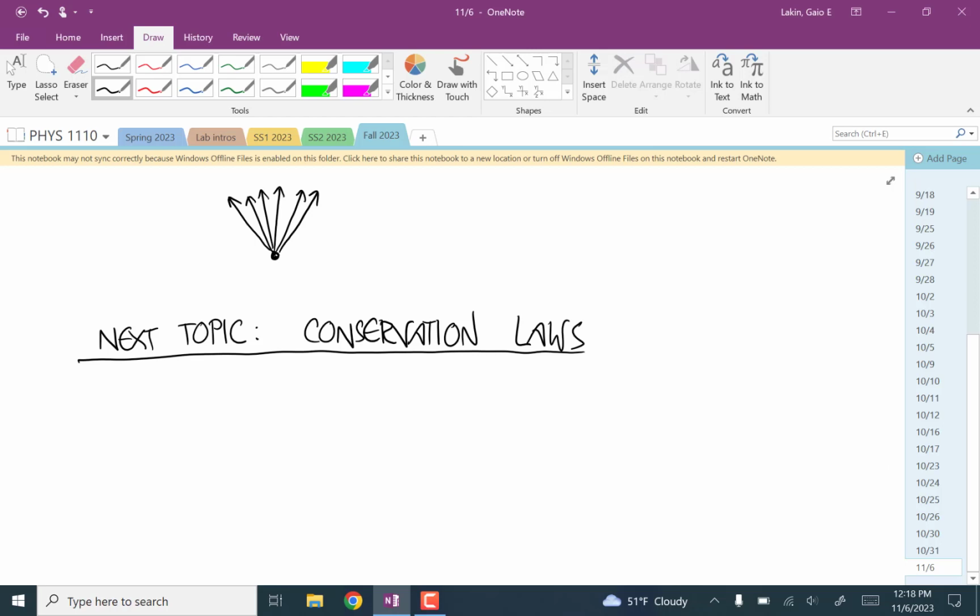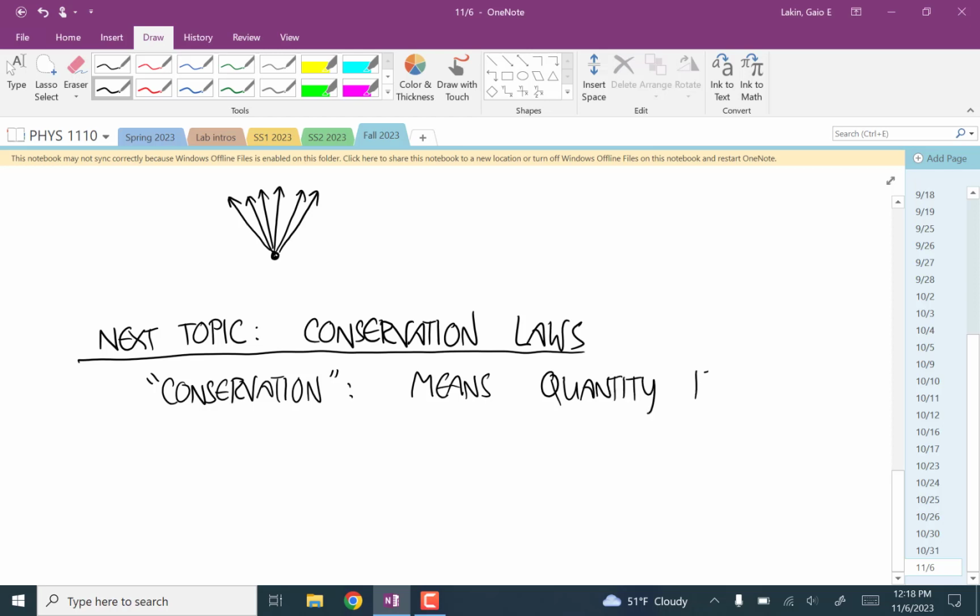So first of all, what does that mean, a conservation law? Conservation means a quantity that doesn't change over time.